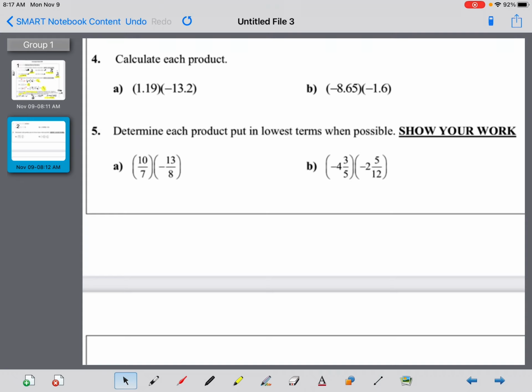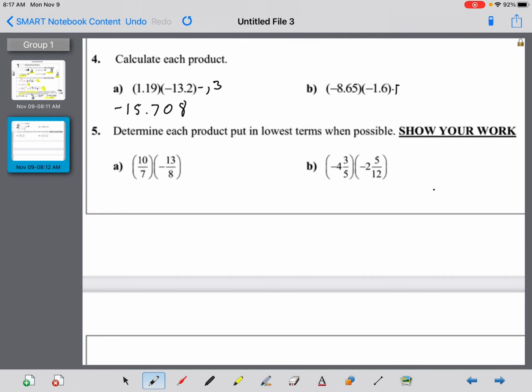Okay, number 4. You should be getting this one. So all you have to do is calculate. So I know that my answer is going to be negative with 3 decimal places. So I'm going to get negative 15.708.